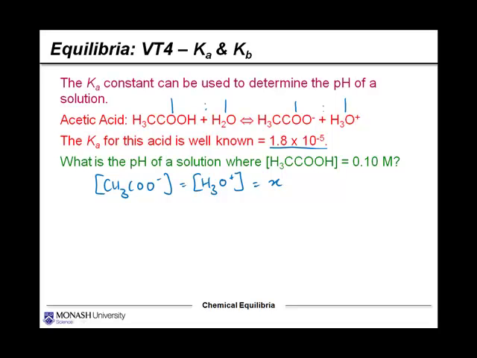If we rearrange our equation, actually no, I'll just write it out as it is. So we've got Ka equals, what have we got? We're just going to call the concentration of the conjugate base X. Concentration of H3O plus is also X. And we've got the concentration of the original acid.